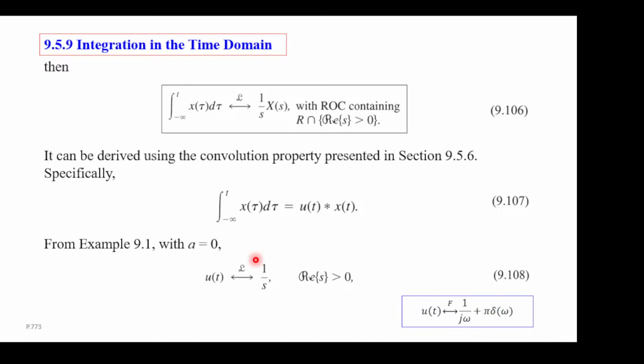Here you don't see a delta function, just some difference between the Laplace and Fourier transforms that we don't go into detail on. The 1 over j omega part, if you generalize to s, corresponds to 1 over s, because the Fourier transform is when s is purely imaginary.